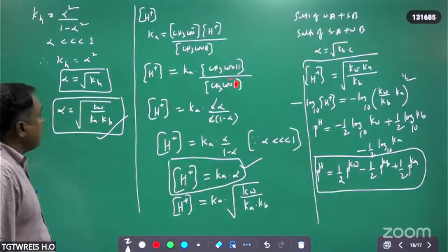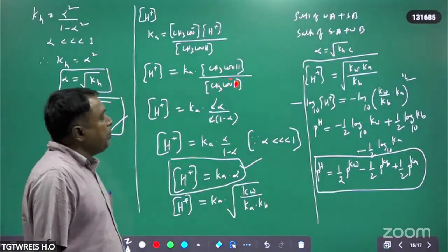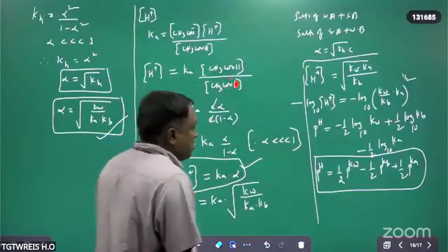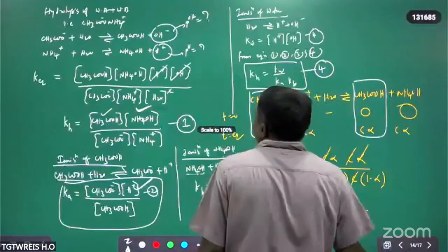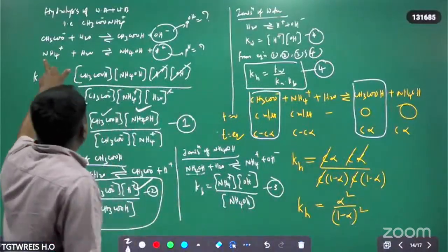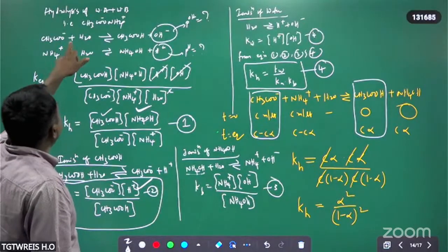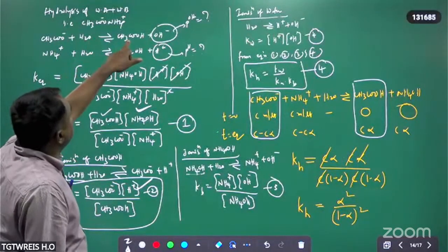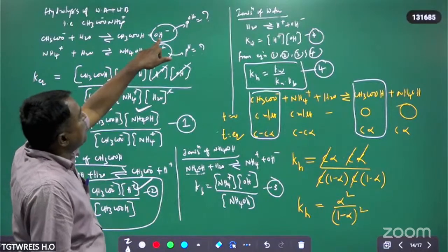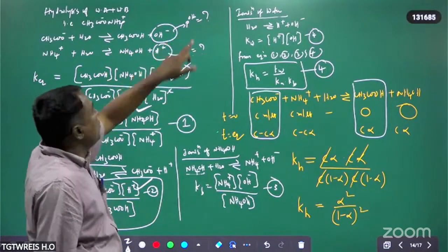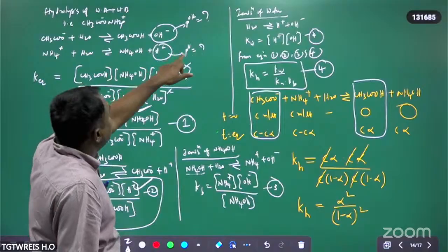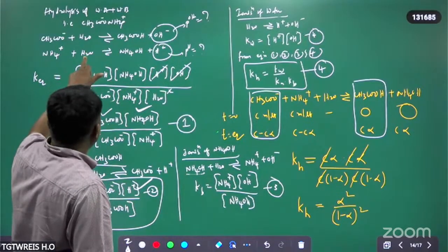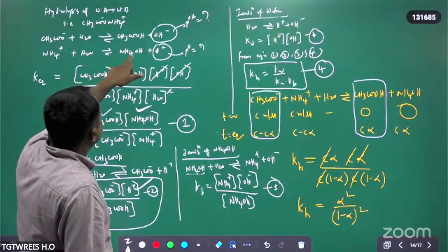Similarly, how can we calculate the pOH of the next solution? When ammonium ion dissolves in water, NH4OH and H plus are produced. For this we have to calculate the pOH. NH4 plus plus water gives NH4OH plus H plus.